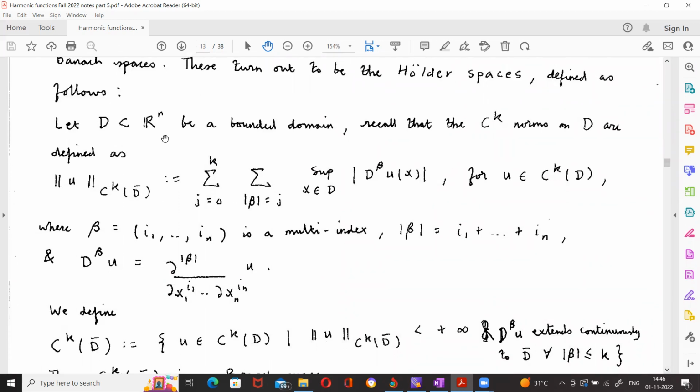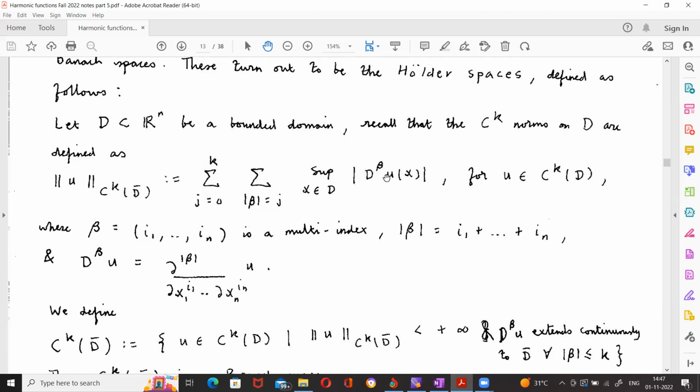So if D is a bounded domain in R^n, then recall that the C^k norms on D are defined as follows. So the C^k norm of D closure is the sum, j goes from 0 to k, the sum over multi-indices beta of norm j, and then the sup norm over x in D of the absolute value of the partial derivative D^beta u. Okay.